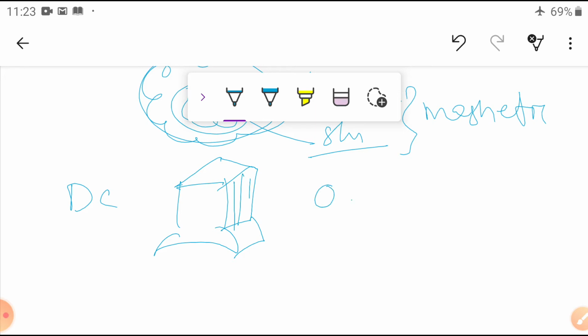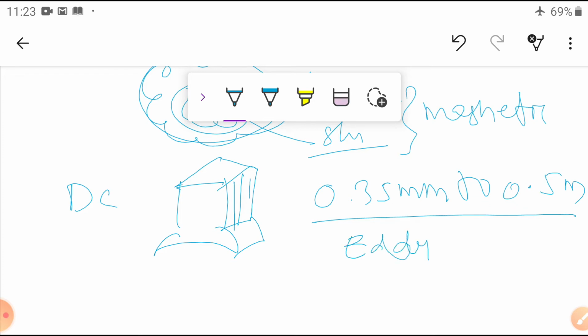We have seen 0.35 mm to 0.5 mm thickness. Why are the laminations required? To reduce the eddy current losses. And at the same time we have to use some silicon material, some good magnetic material.